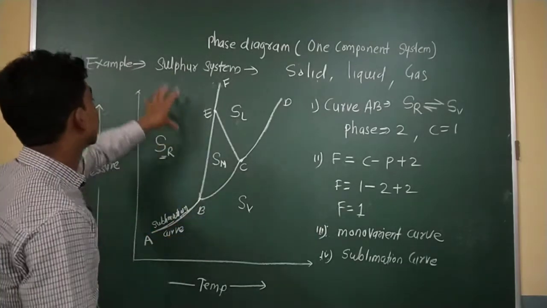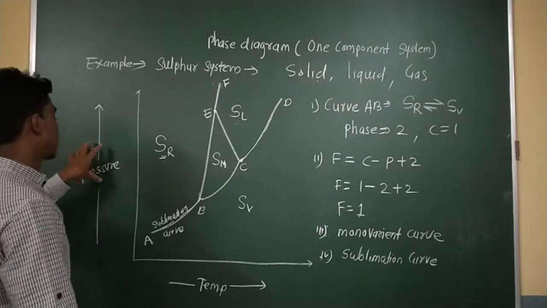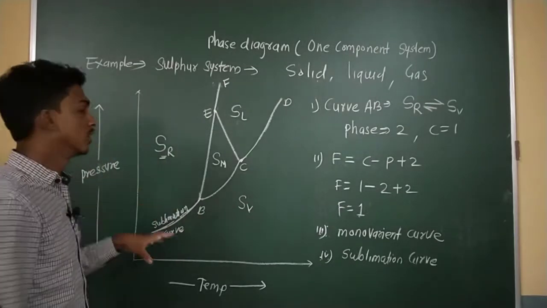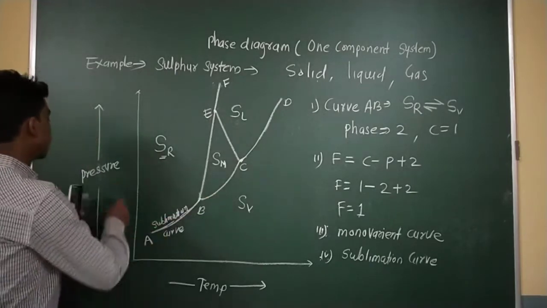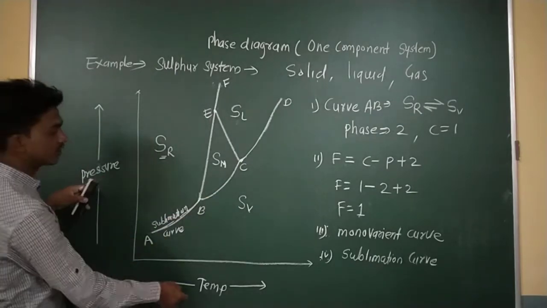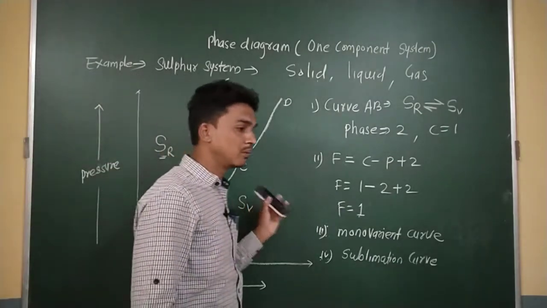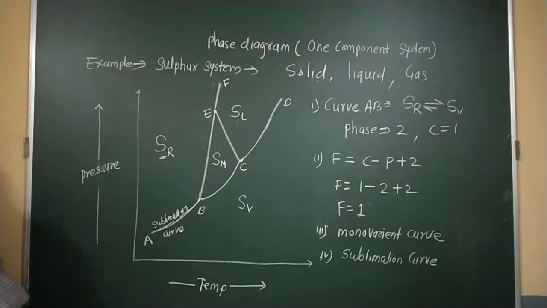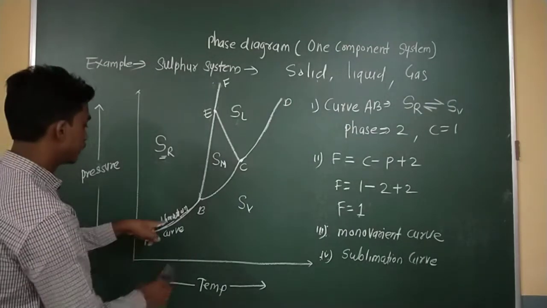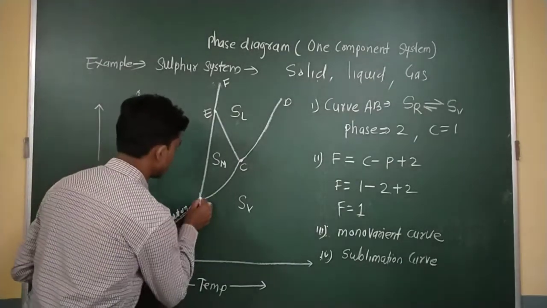If I keep the temperature constant and change the pressure, or keep the pressure constant and change the temperature, what will happen? This information comes from the phase diagram. So this is the sublimation curve.